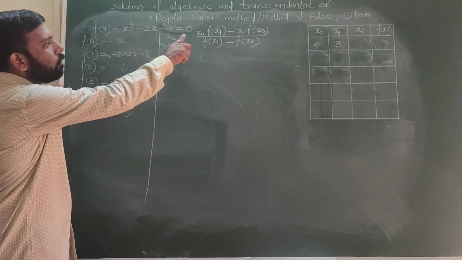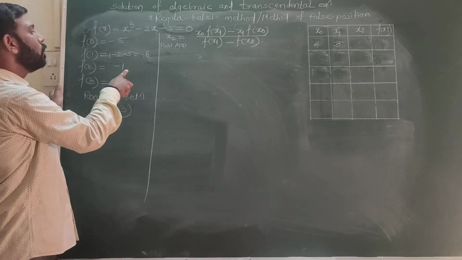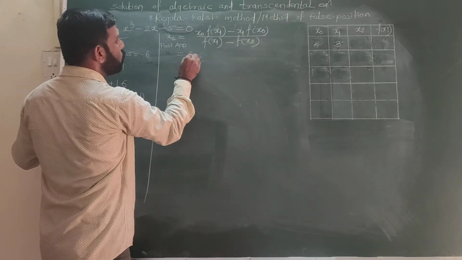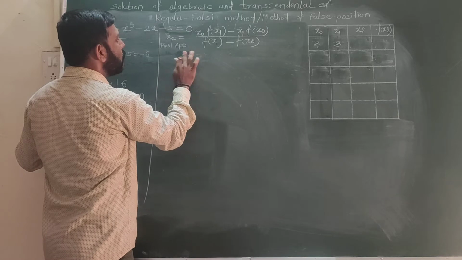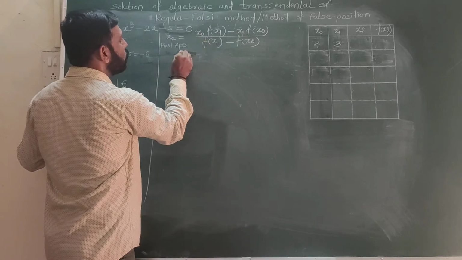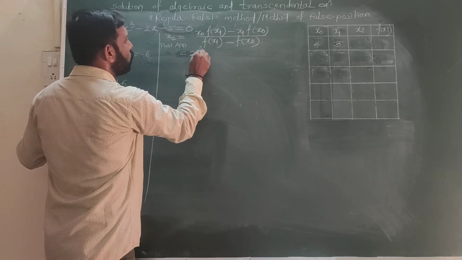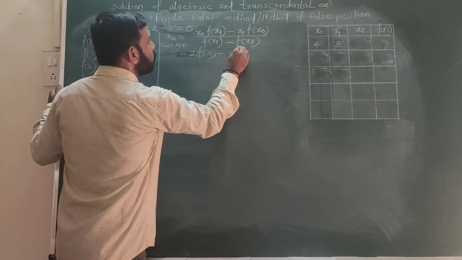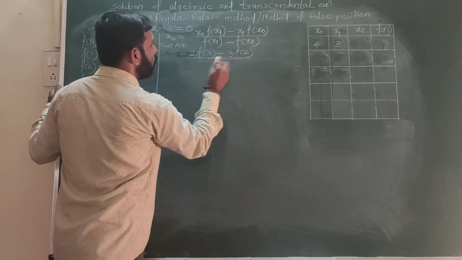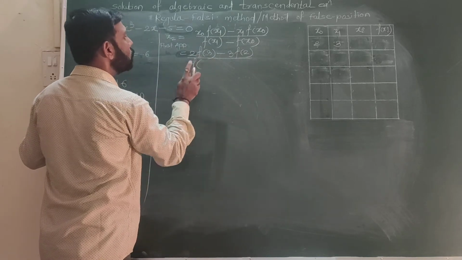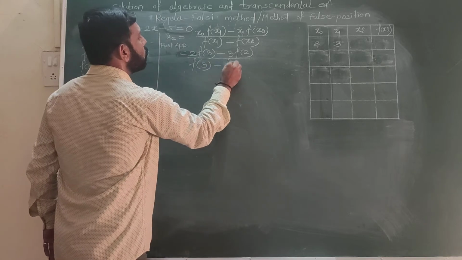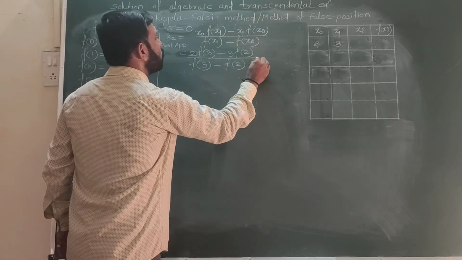Now we have all the values. Substitute in this formula. The x0 value is 2. Initially we write here x0 value 2, f of x1 where x1 is 3, upon f of 3 minus f of 2.